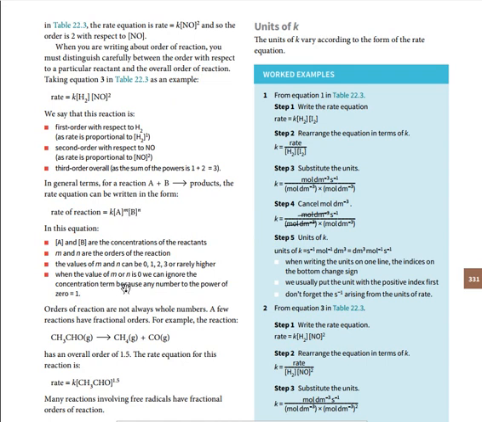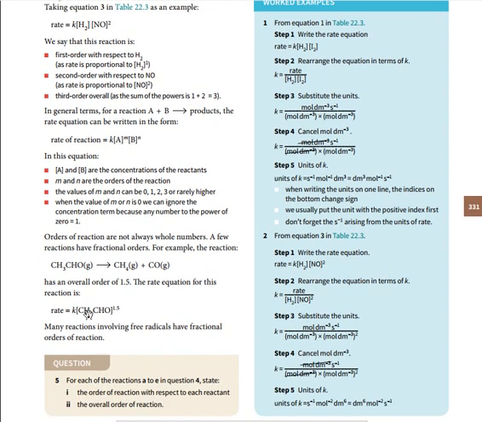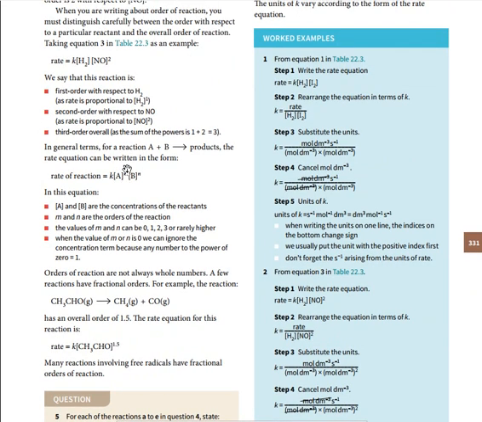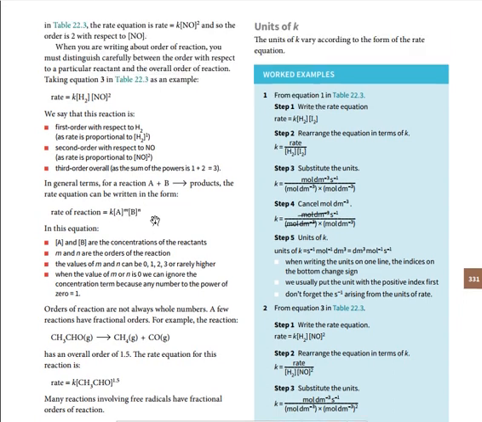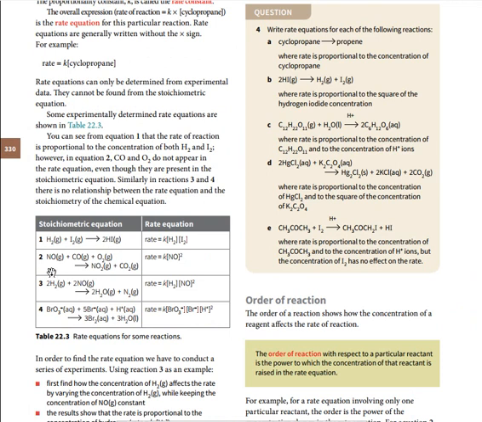and m and n are the partial orders. You need to know that in order to find this m and n, the partial orders of reaction, you cannot find them from stoichiometry. You don't find the partial order from stoichiometry. In these reactions here, you see that all of these are reagents, but it's only depending on NO because NO produces the slowest step of the reaction.